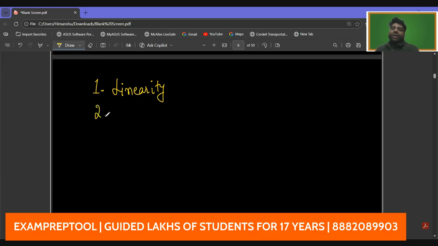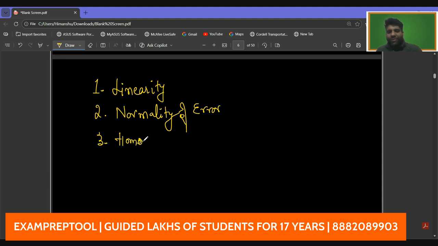After linearity, the other one is normality of error. The third one is homoscedasticity.